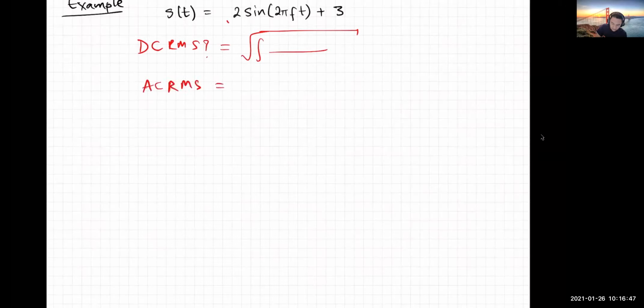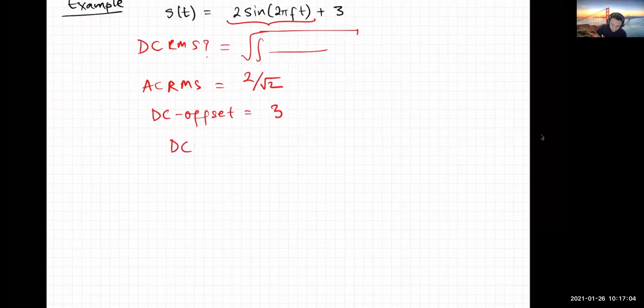AC RMS is the RMS of just the AC part. So that would be 2 over square root of 2, since it's a sine wave. And then the DC offset would be equal to 3.